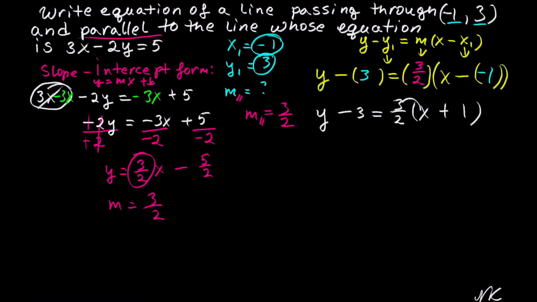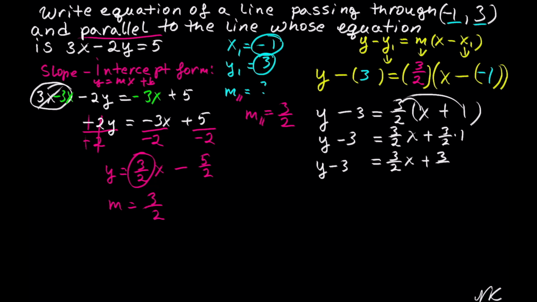Let's distribute 3 out of 2 into this parenthesis, and we get y minus 3 equals 3 out of 2x plus 3 out of 2 times 1, which is 3 out of 2.